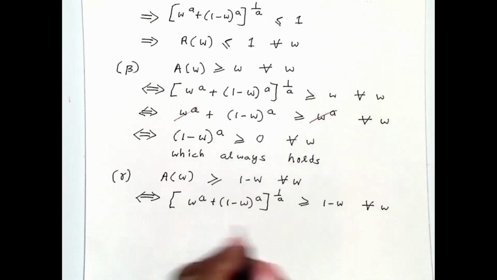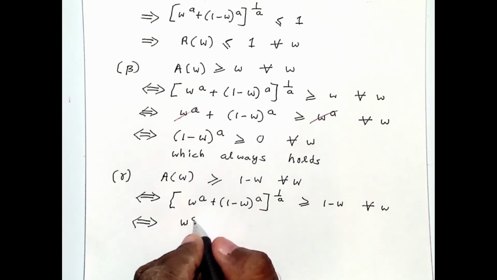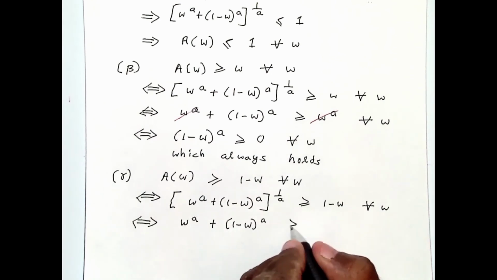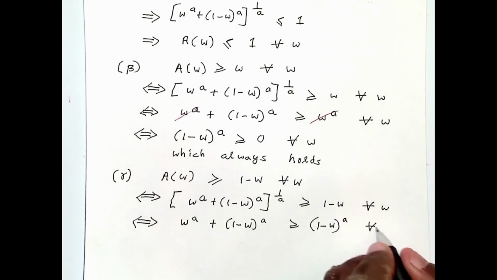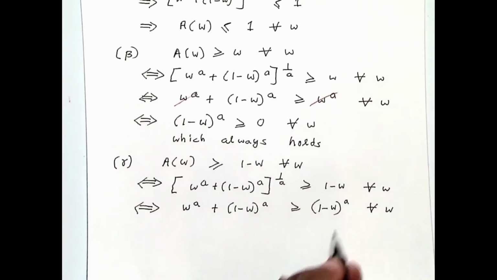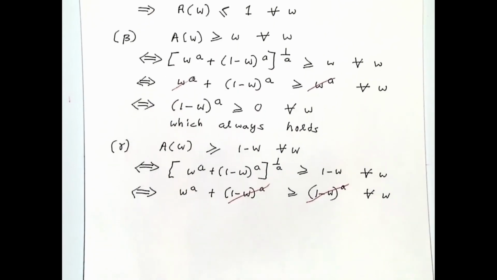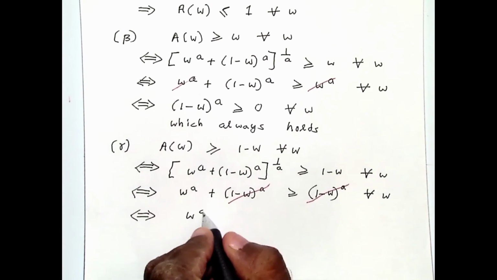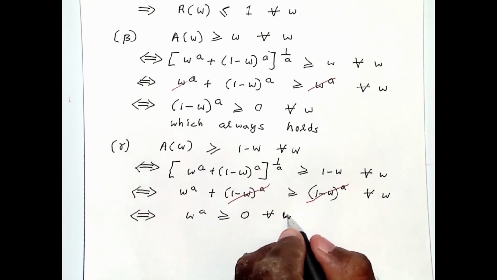Okay, now take the power both sides, you get this. And these two cancel out one more time, these two guys cancel out, so you get W to the power A greater than or equal to 0 for all W, right?